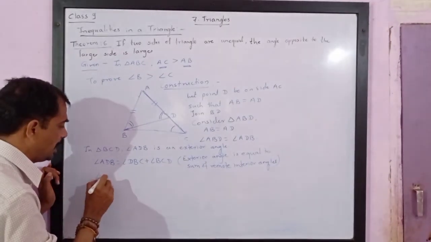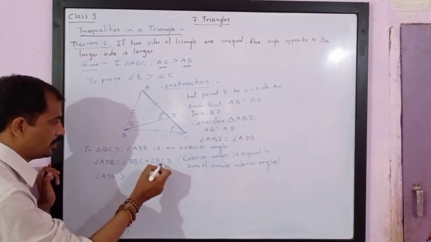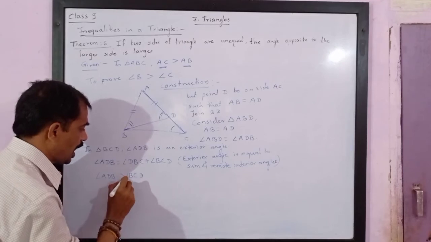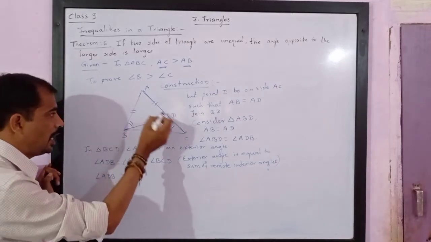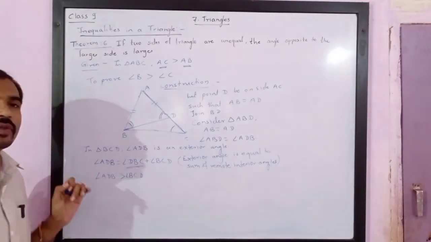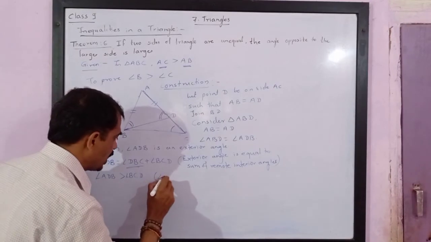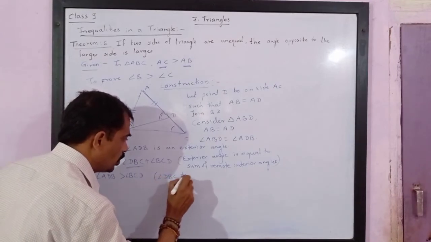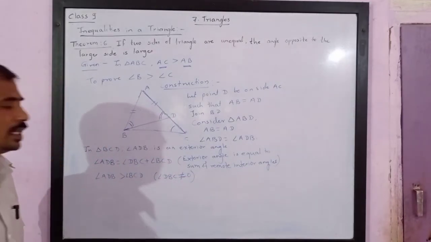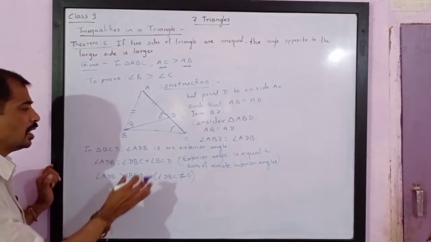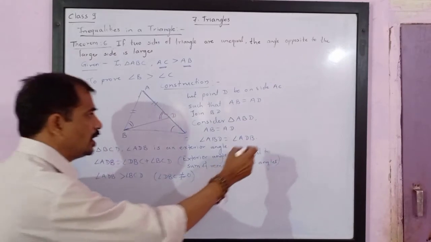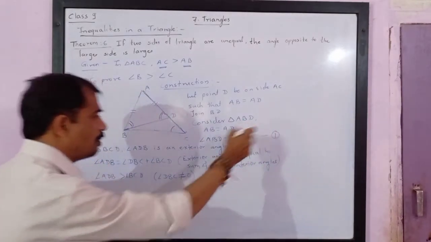So we will get angle ADB is greater than angle BCD. Please watch carefully. ADB is greater than BCD here, because angle DBC is not equal to 0. So it is always some positive value. It means ADB must be greater than BCD. Let us name this equation 1.